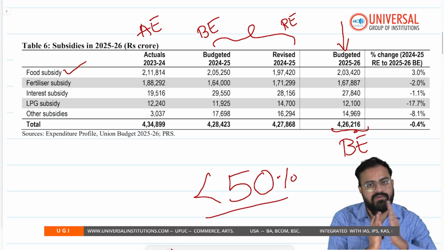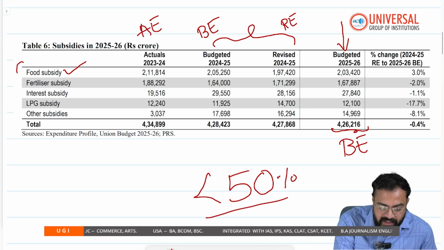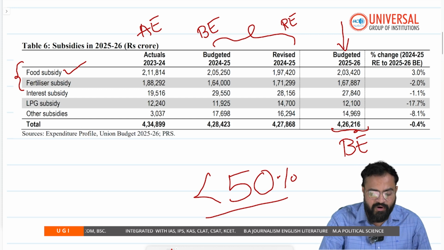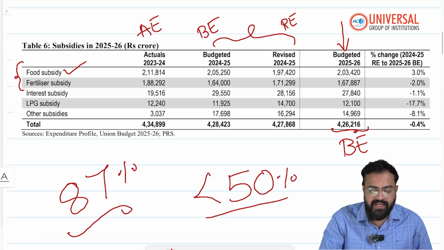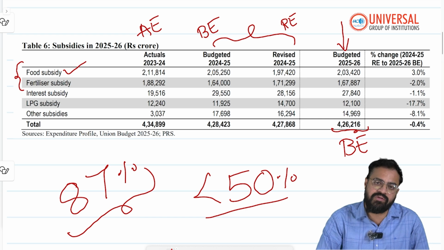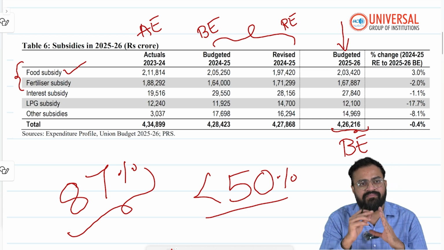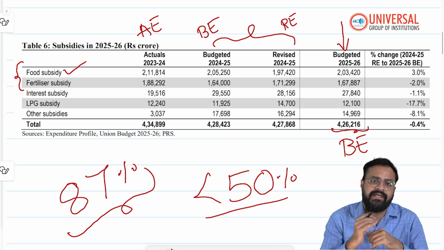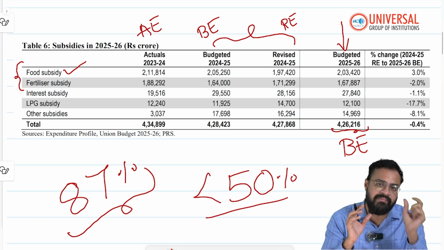Remember the next point. Food subsidy accounts for less than 50%. Food and fertilizer subsidy collectively account for 87% of the total subsidy. In an examination hall, as you are already aware, UPSC comes up with such questions. If they say food and fertilizer subsidy account for nearly 90%, then it becomes correct.